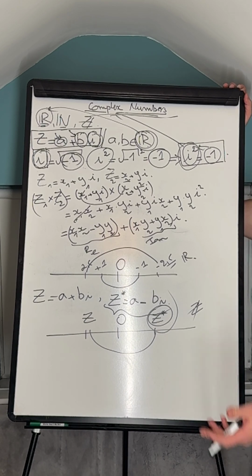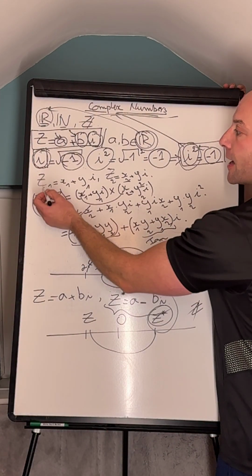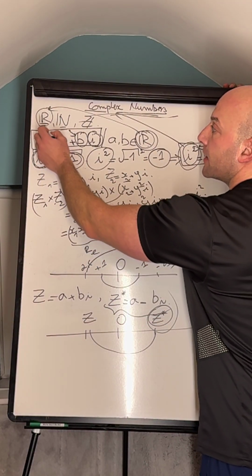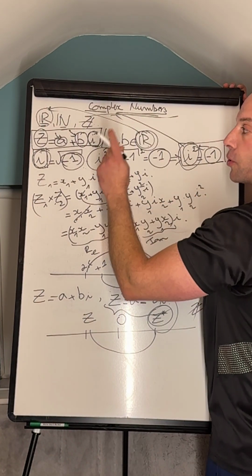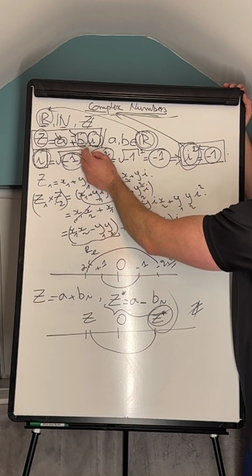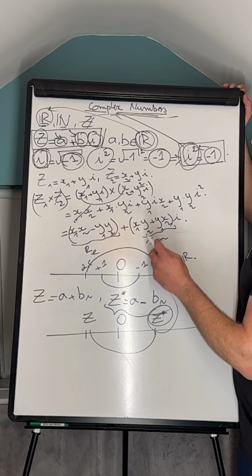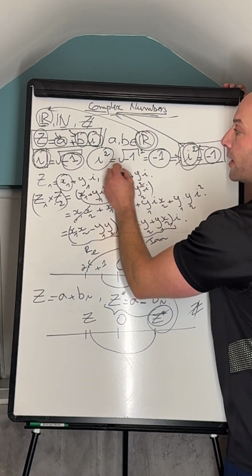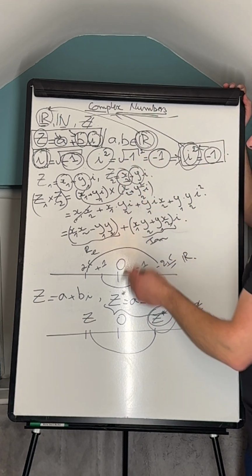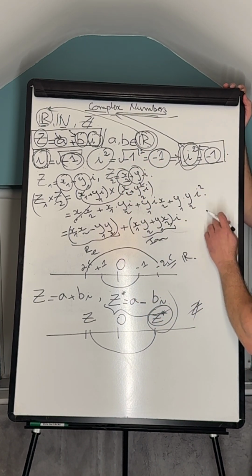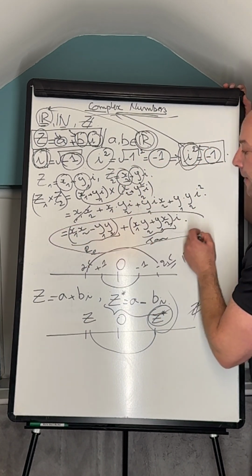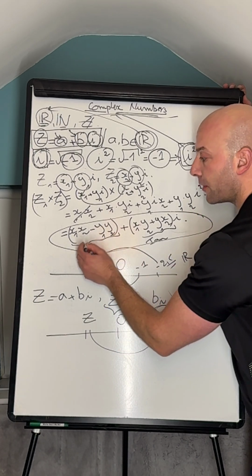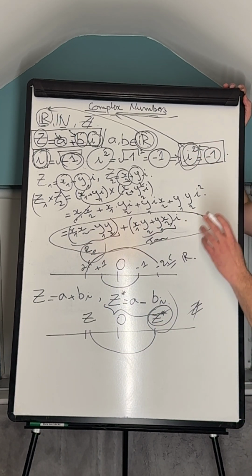Every single complex number has two parts, a real number and an imaginary number. If you want to add two complex numbers, you have to add real with real and imaginary with imaginary, and you've got your formula. A slightly complicated formula, but it's going to be a real number plus an imaginary number again.